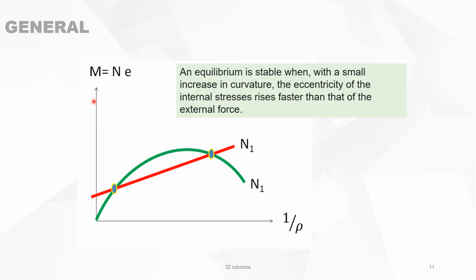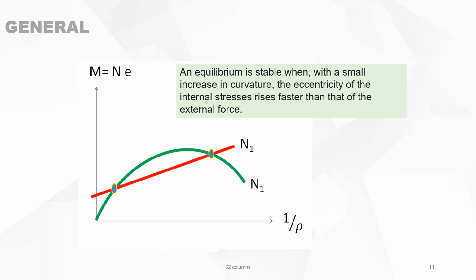Now we have the bending moment versus the curvature, but we have two curves. And where those two curves have an intersection, that means there is an equilibrium. And such an equilibrium is stable when, with a small increase in curvature, the eccentricity of the internal stresses rises faster than that of the external forces.